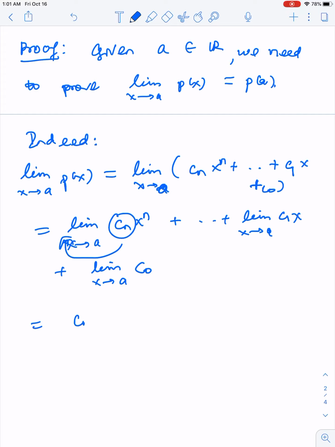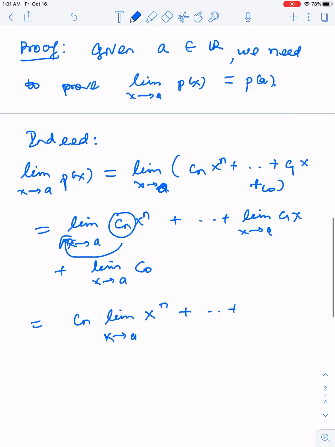So we can take that constant out: c_n times the limit of x^n as x approaches A, and so on, plus c_1 times the limit of x as x approaches A, and then just c_0.